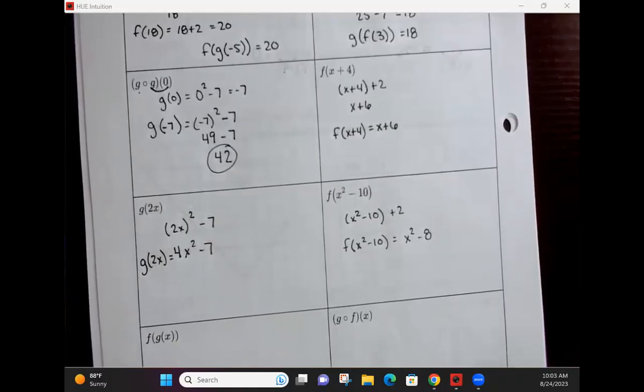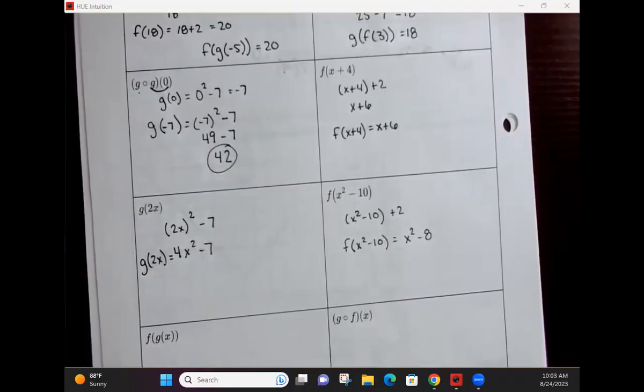Now we're going to look at a composition. Notice it's f of g of x. There's no value I'm plugging in this time. We're going to keep the x. So we're going to approach these a little bit differently at the beginning. Because I'm not plugging a value into g, I'm going to keep it as x.